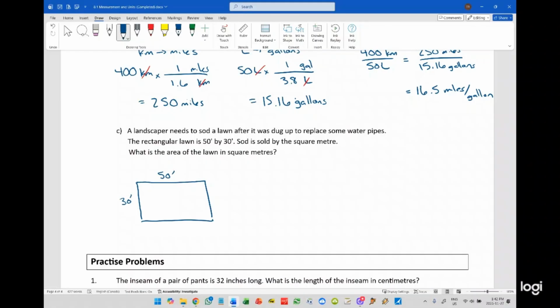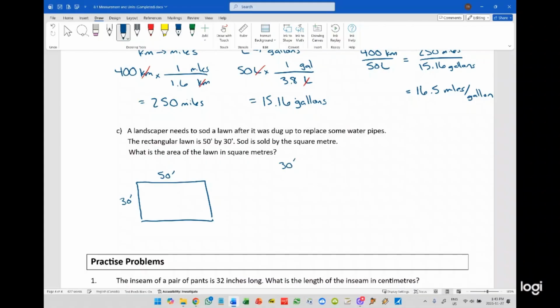And then what I'm going to do is at the side, I'm going to convert both of those independently as linear distances or lengths, not areas, but just as lengths, into their metric equivalent, into meters. So I'm going to do this one pretty quickly, just because we've done a bunch of these and because I don't have a lot of space left here. 30 feet.